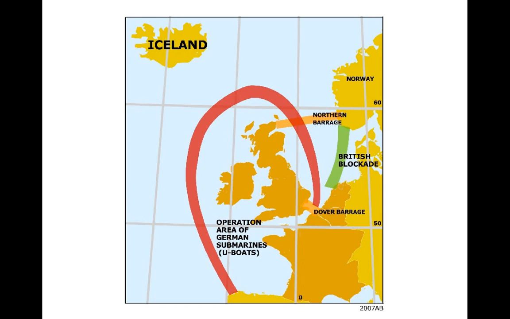So Germany tries to do the same thing to the Brits, but what it involves them doing is torpedoing a number of international merchant vessels, and a number of these were American merchant vessels. So as a result of Germany torpedoing and destroying American business property, here you see a portrait of American President Woodrow Wilson.